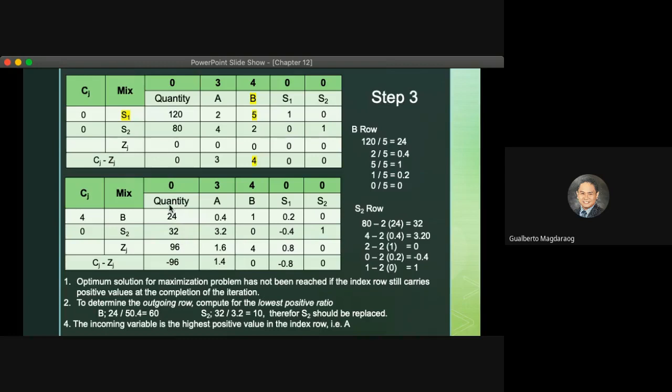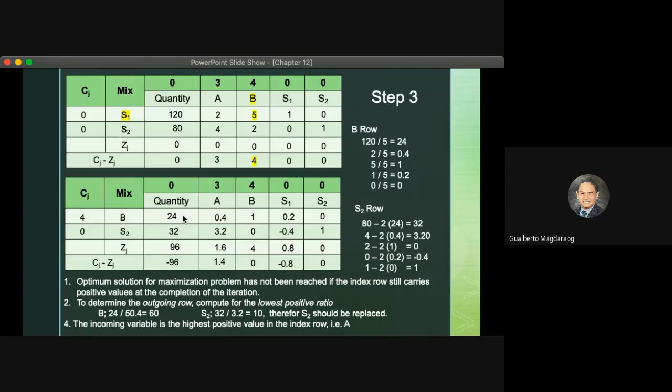Hindi pa yan yung proper combination, 24 and 32. Okay, so again, how are we going to know which row will be changed or eliminated or replaced? We simply get the positive ratio.